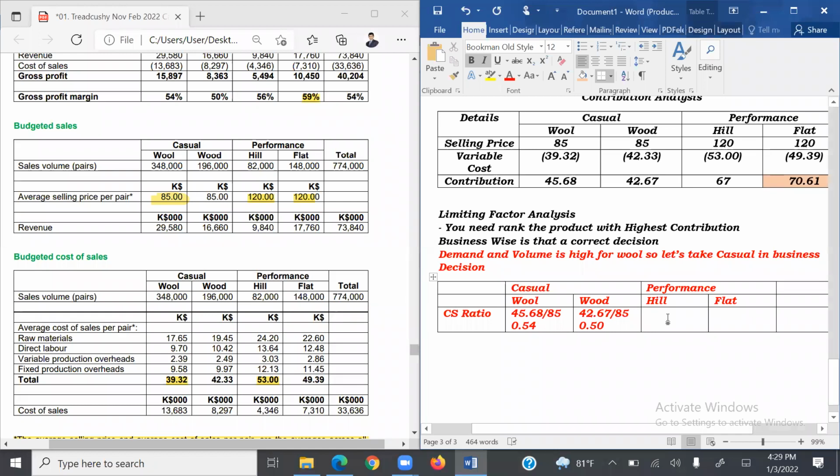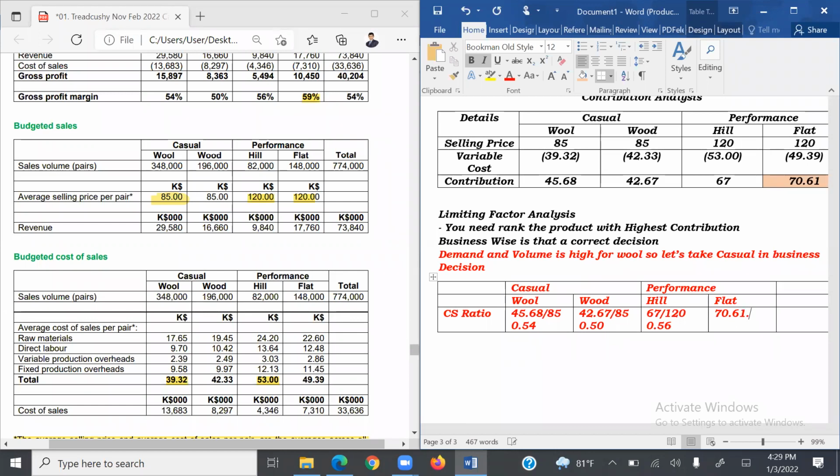So let's do it for the hill as well. That is 67 out of 100, and I think it's 120, because you should be very knowledgeable as a finance manager about the ranges. So it's going to be 0.56, and flat, if you observe, is going to be 70.61 divided by the selling price of 120.